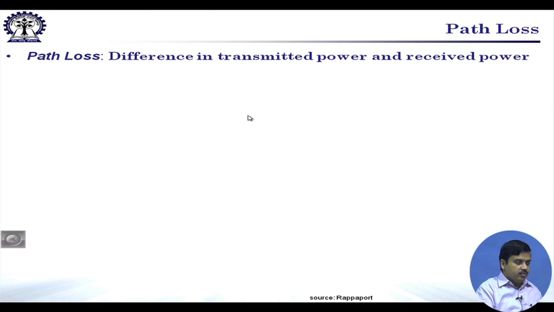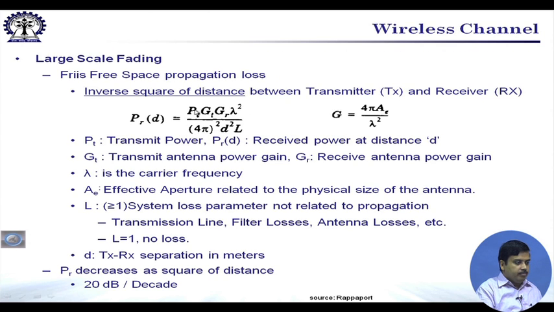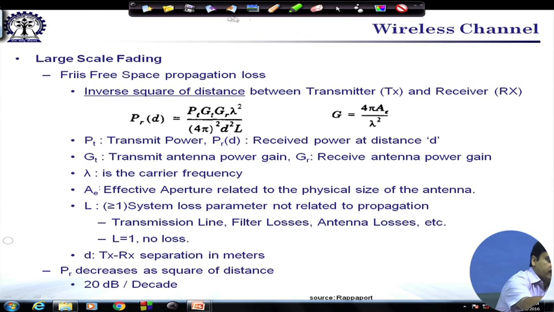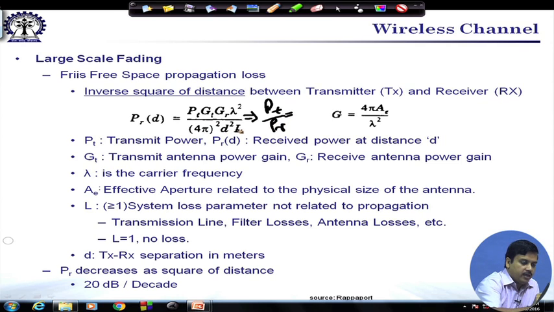An easy way to arrive at this expression would be PT divided by PR is equal to (4 pi d) squared L divided by GT GR lambda squared. That is what you see in the next expression.